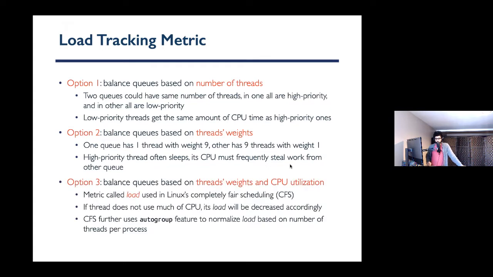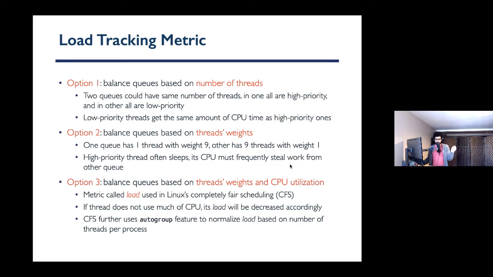So that brings us to option 3, which, by the way, is the way it's done right now in Linux's completely fair scheduling policy. The way it's done is a combination of thread weights and how much they use the CPU. We don't really care about your weight if you're not using much CPU.